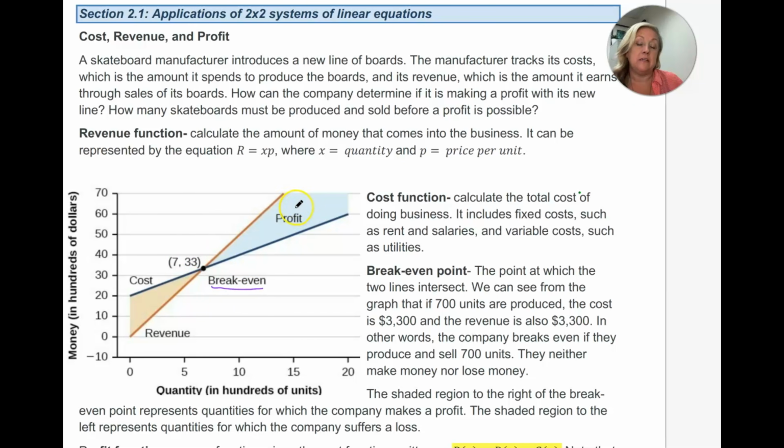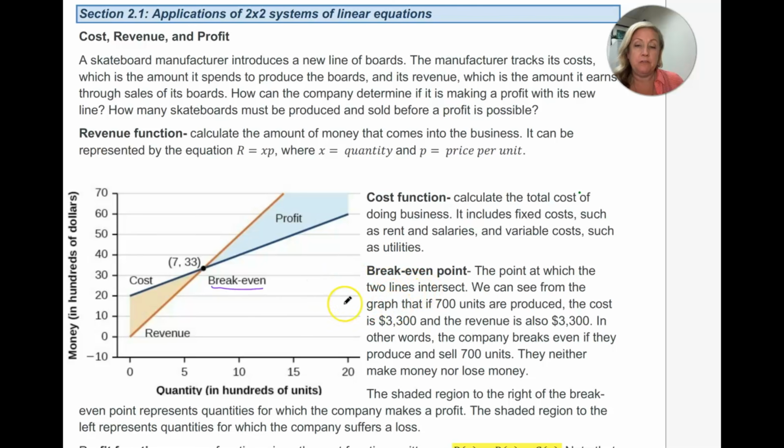So anything that is above that, in between these two lines here, is where you're going to see a profit in your business. And if you're below that break-even point, then you're going to be losing money in your business. So when we're looking at this, it's just important to remember this.